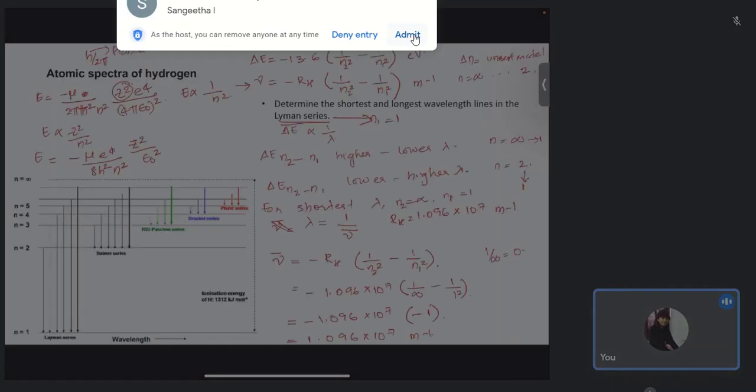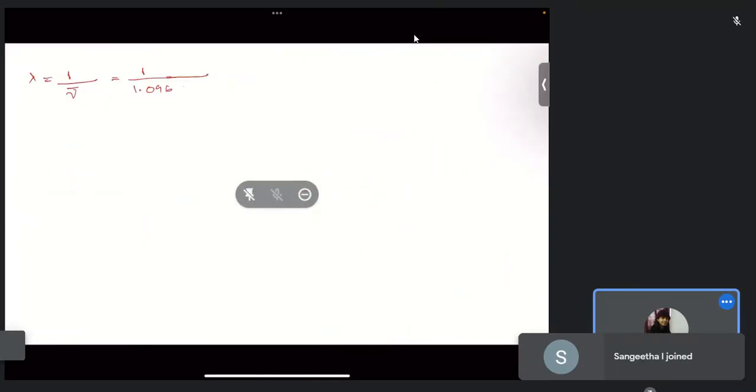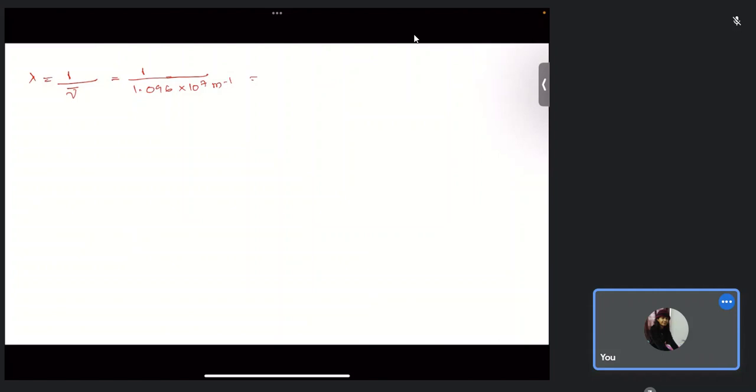So your lambda is going to be 1 by nu bar, so 1 divided by 1.096 into 10 to the power 7 meter inverse. 1 divided by 1.096 is 0.912 into 10 to the power minus 7 meter.